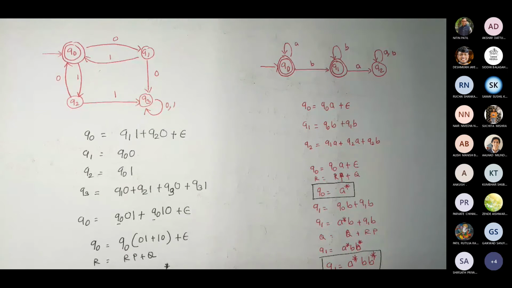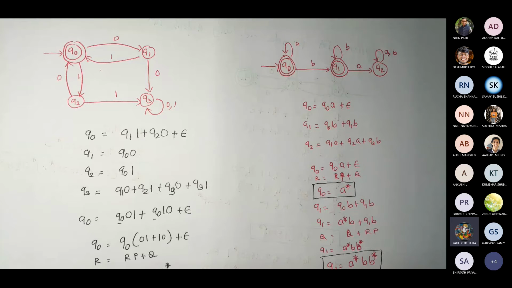So what did we learn from this example? Can somebody repeat? Okay, let me ask. Rutuja, can you please repeat what I said now with respect to final states? Yes, sir. Firstly, there are two finals, Q0 and Q1. So we have to get the equations for that.